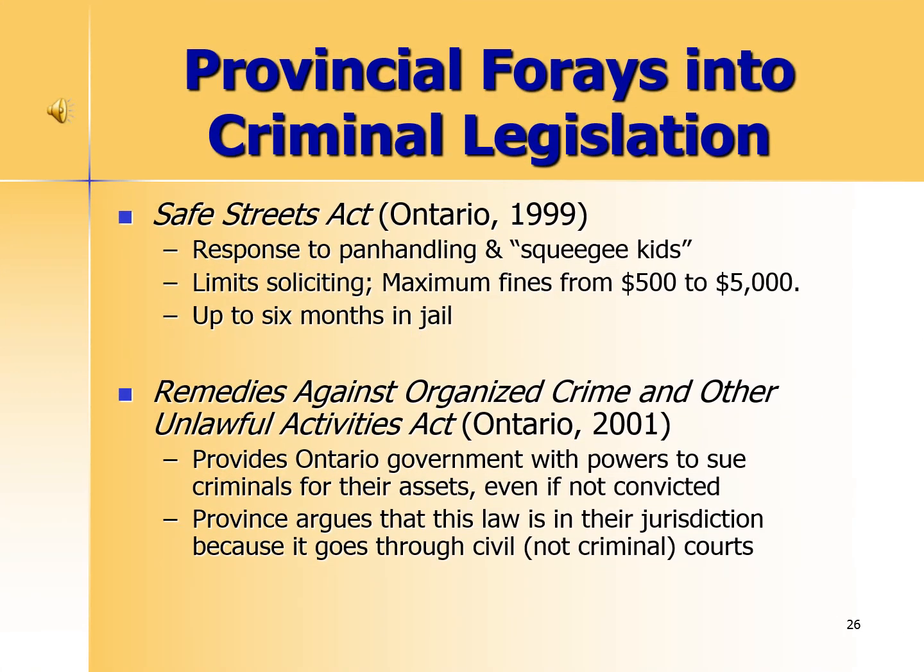So I want to talk very briefly about provincial forays into criminal legislation. We've talked extensively about how the federal government has been endowed with exclusive powers to write criminal legislation. In other words, provincial governments are not empowered to write criminal laws.